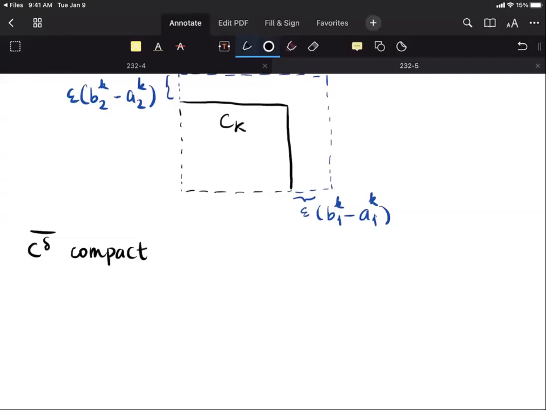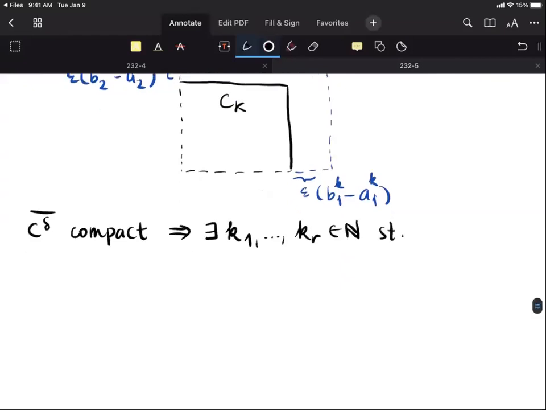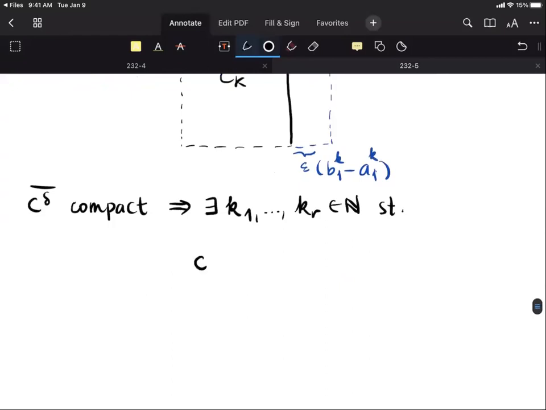So according to the Heine-Borel Theorem, this is compact. Therefore, we can find a finite set of indices, let's say k1 up to kr, such that our countable covering can be reduced to a finite covering.